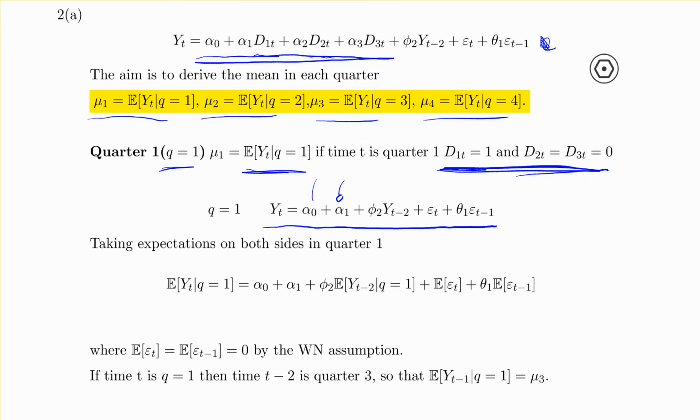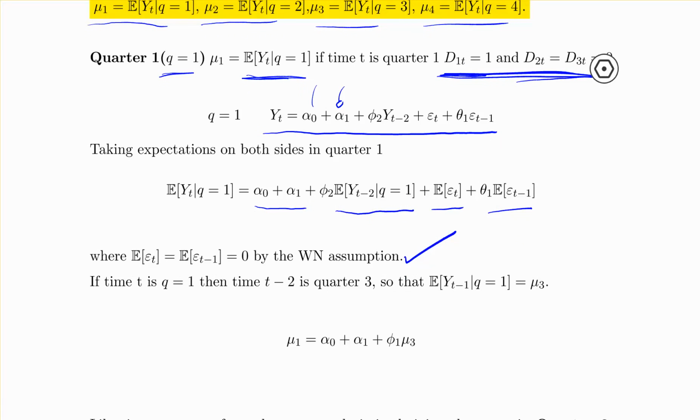Okay, and again we're assuming stationarity, so we can take means on both sides. These are both constant. We have the average value of yt minus 2 given that time t is a quarter 1, and again the average value of epsilon t and epsilon t minus 1. Both of these are 0 by white noise. Okay, so then if time t is quarter 1, what period must t minus 2 be?